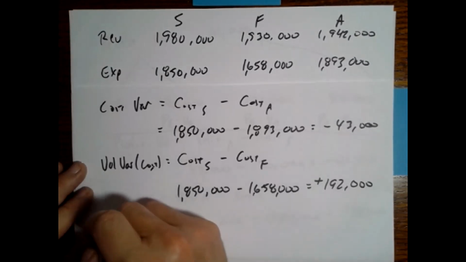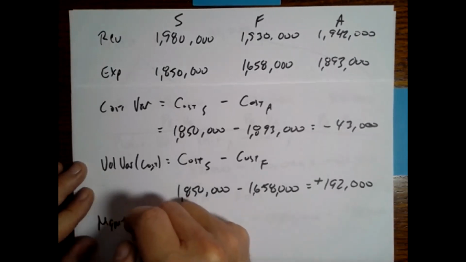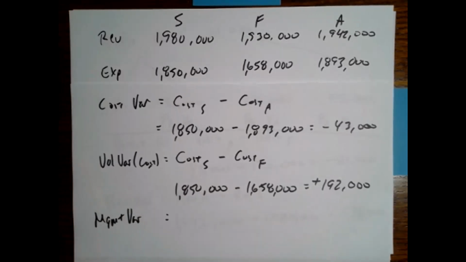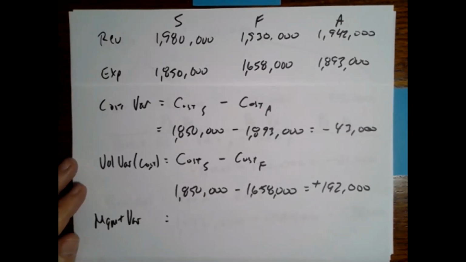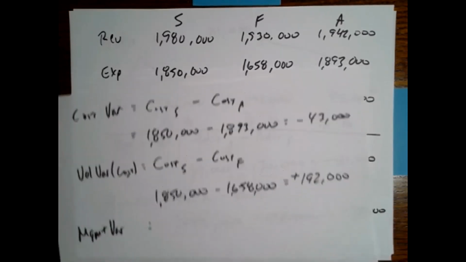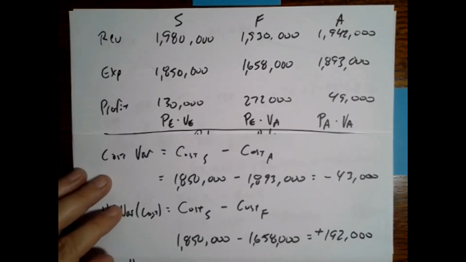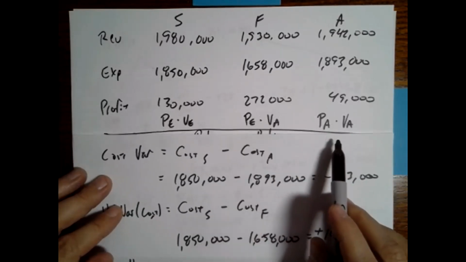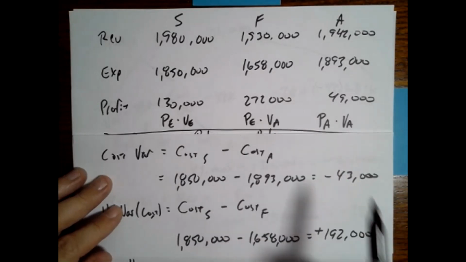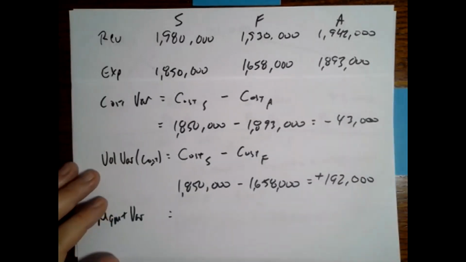And then we want our management variance, which is the price variance but applied to cost. We call it management variance because we think that the manager should be responsible for controlling the cost per unit of the things they use. So we're interested in comparing prices. So we want to find the two where we hold volume constant and vary price. So that's going to be our flex and our actual.